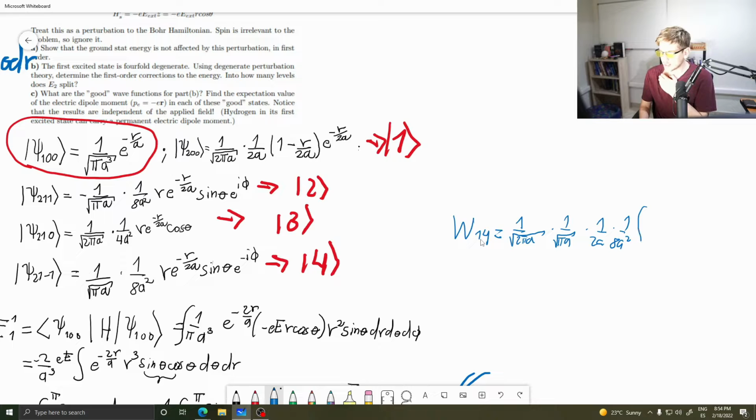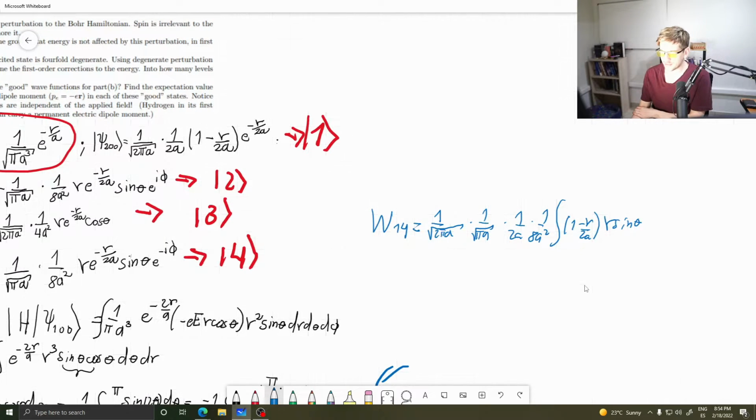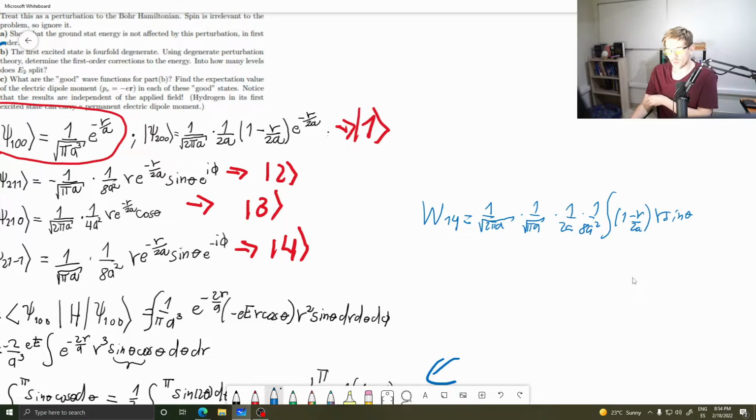And then we get the integral with the r part, so 1 minus r over a. And in the 4, we get just an r, sine theta. All right, in fact we can already see where this is going. So maybe we don't even need to write it down, because we have e to the minus i phi.